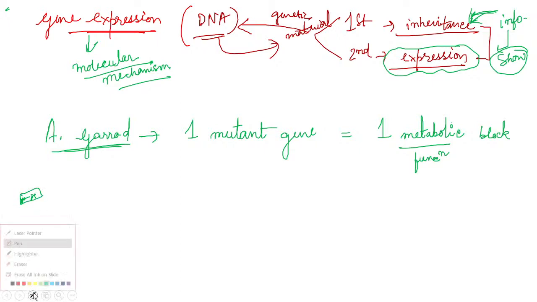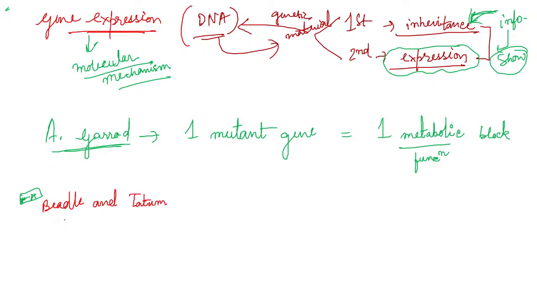Next, two more very famous scientists came, named Beadle and Tatum. What did Beadle and Tatum do? They gave a very, very important hypothesis, which is widely used.